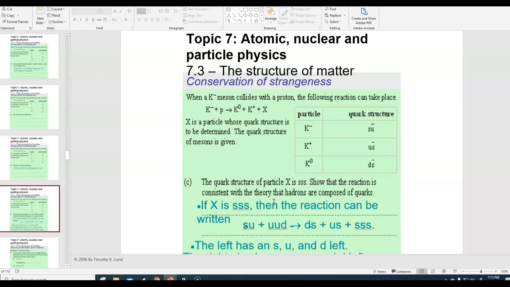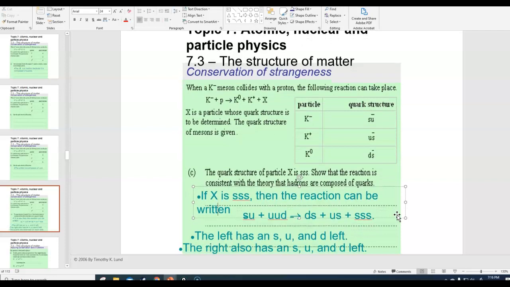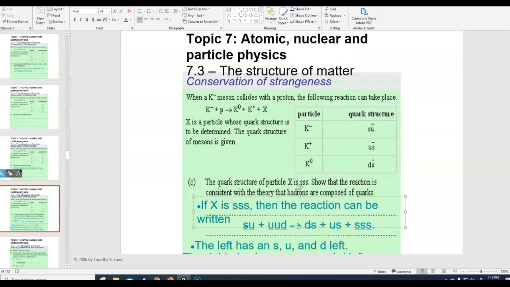And then this question says the quark structure of particle X is SSS. Show that the reaction is consistent with the theory that hadrons are composed of quarks. I did not write out this answer. It's not written in the best way, but basically what they're trying to show is that if you were to write out this reaction up here in terms of quarks, it would look like this.